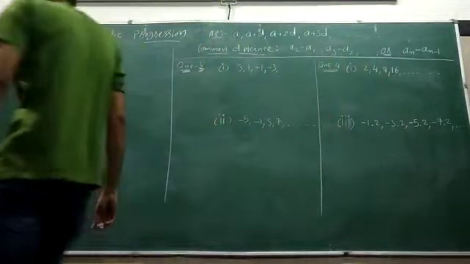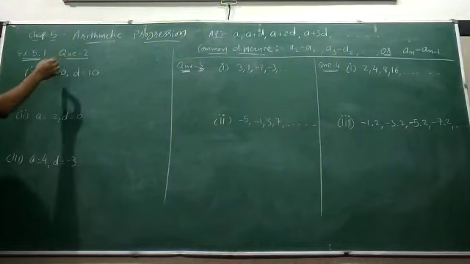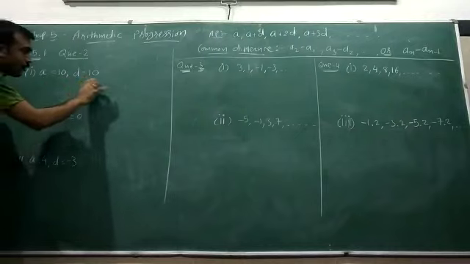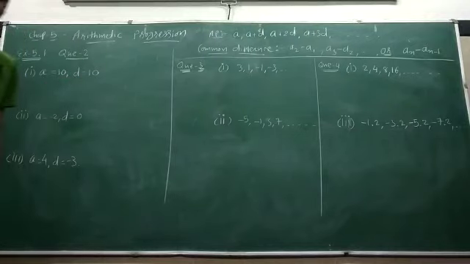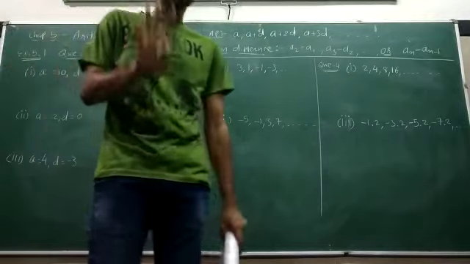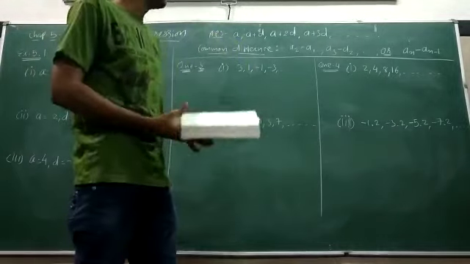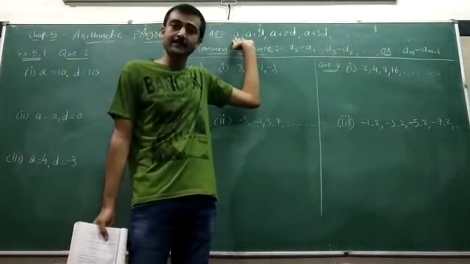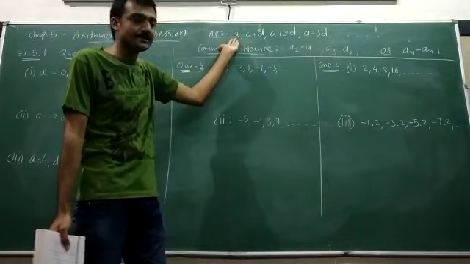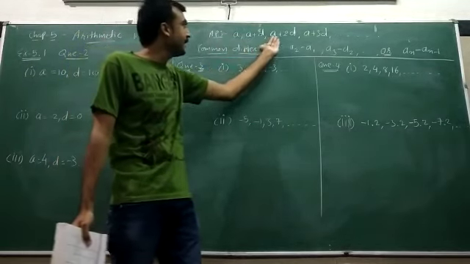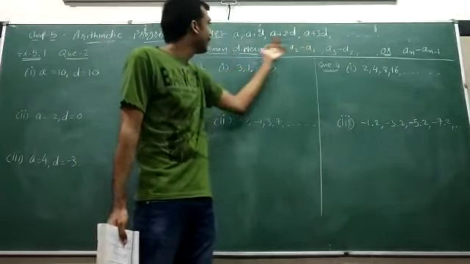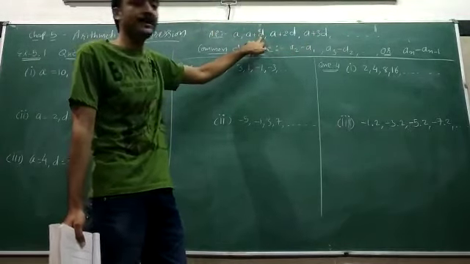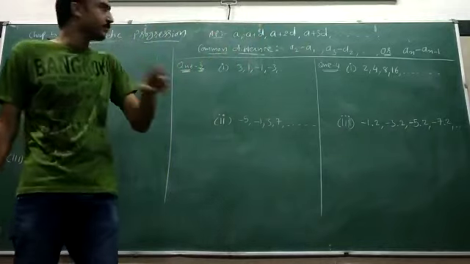Here I have written the typical formula for writing an AP: A, A plus D, A plus 2D, A plus 3D, where A is the first term and D is the common difference, the difference between any two consecutive numbers.